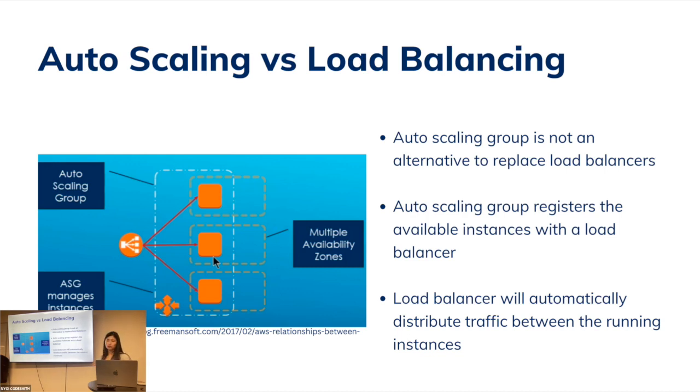Auto scaling is responsible for registering the available instances with the load balancer, and the load balancer will automatically distribute traffic in between those running instances. So you can think of a load balancer kind of like a traffic director directing traffic, but they are unable to scale in or out. The scaling in or out is done by the auto scaling, which contains the logic.